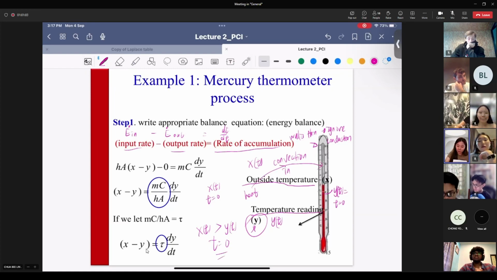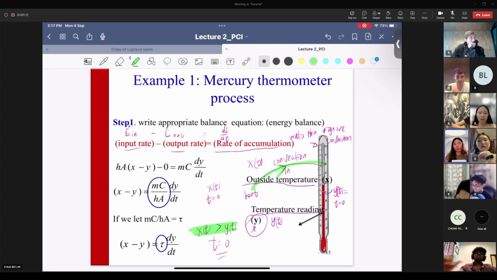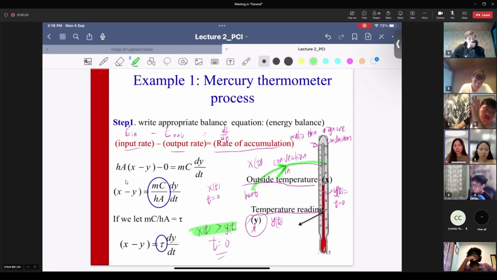Therefore, the heat flows in this direction due to this assumption. The surrounding temperature at the beginning is higher than the temperature of the thermometer. Therefore, you have heat transfer from the outside air into the mercury inside the thermometer.